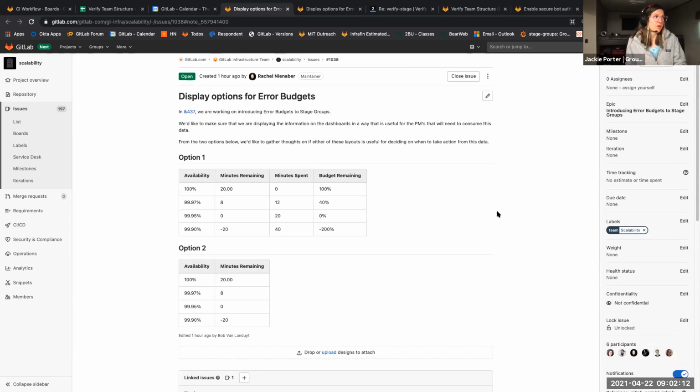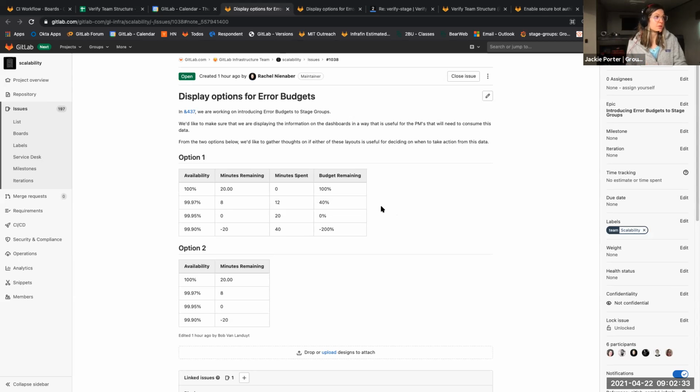So I wanted to get your thoughts on which option you feel would be more usable for you as a product manager, based off of the fact that this will likely be incorporated in our product performance indicator meetings that we have to do with Anoop and Scott on a monthly basis.